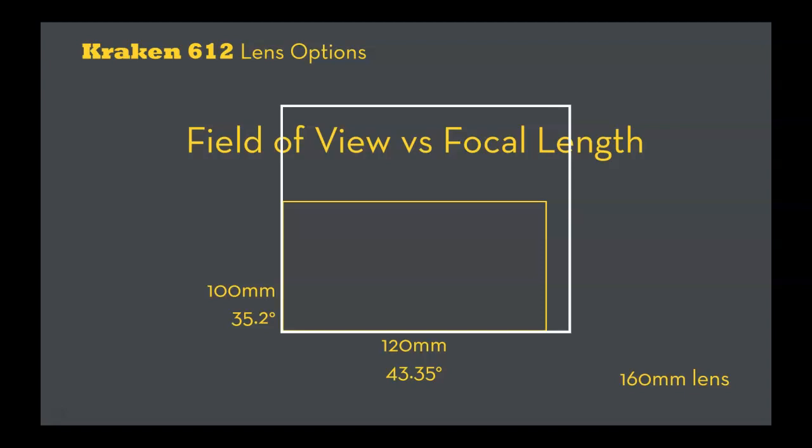A lot of people consider this a normal lens. And by the way, the reason I chose a 160 millimeter lens is that the diagonal is 160 and some change.